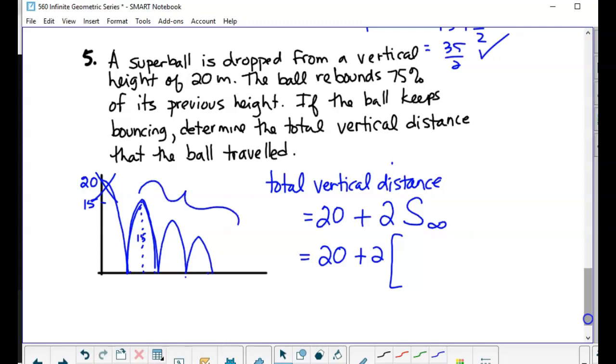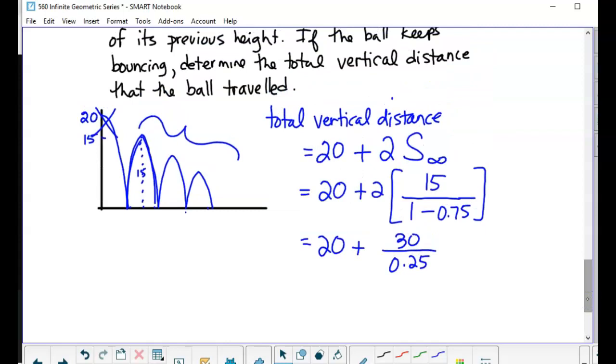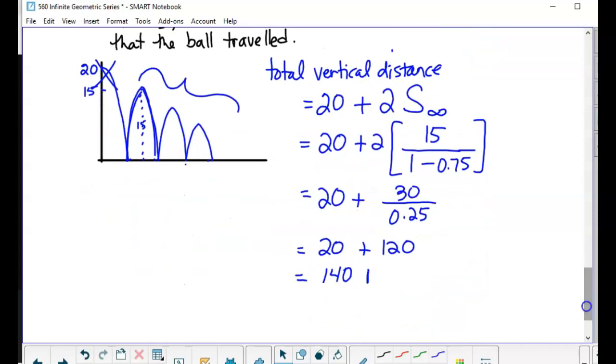So the first term of that is 15. 1 minus the common ratio, you keep multiplying by 75%, which is 0.75. Okay. So, any questions on that?